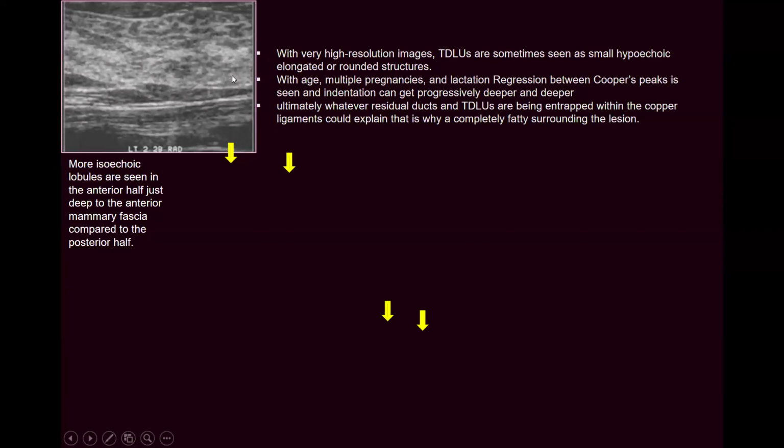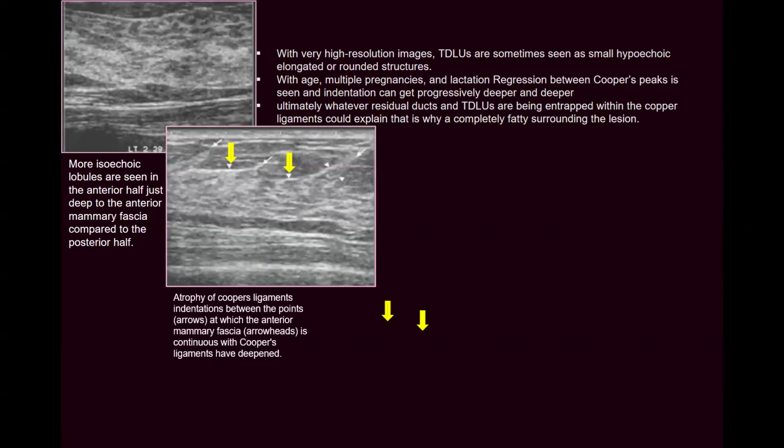Again, here in this image, we have more isoechoic lobules seen anteriorly in a glandular breast. And if you look here, it starts to get atrophy with aging and with multiple lactations and pregnancies, the gland starts to be involuted.